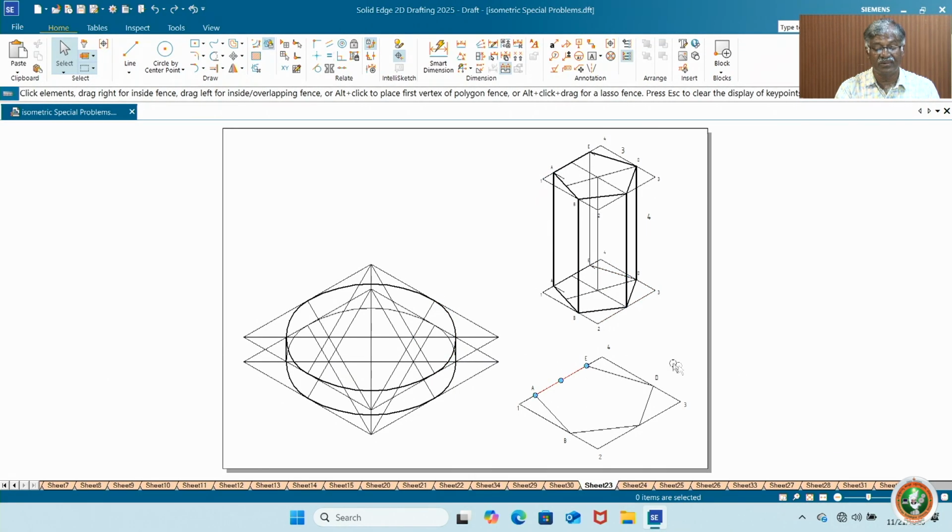Okay, the minimum view I have taken is this one. You have to take the original, that is the orthographic projection one, and then do it. This is what I prepared, the base. For this you need the pentagon orthographic. This must be associated with that, then only it is valid, otherwise no.